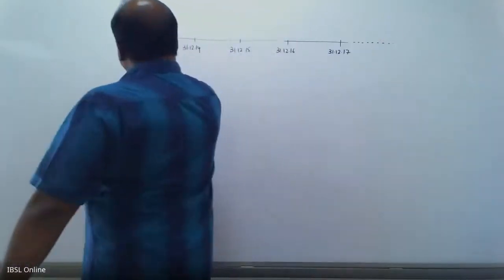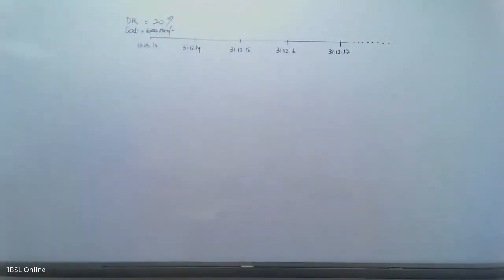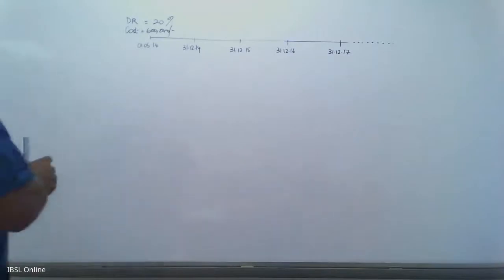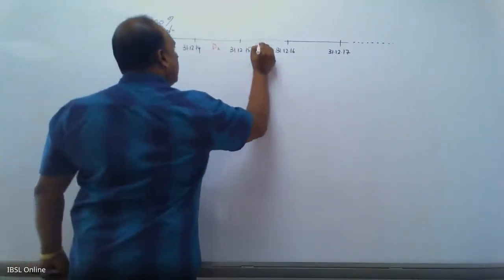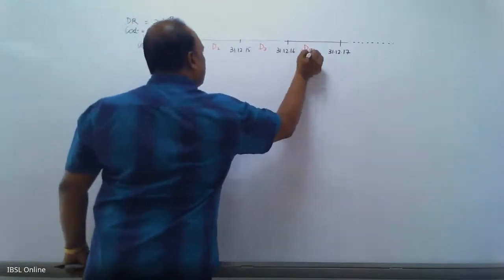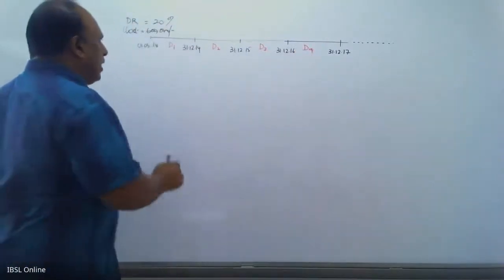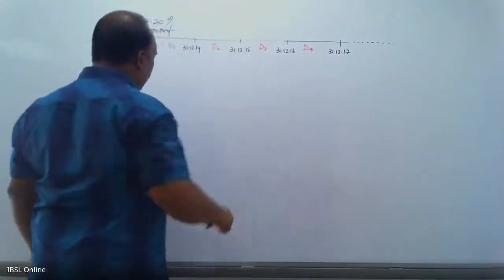If you look at the 20% concept, 5 years means it will have to end in 2019 April. So we are not bothered about that because our concern is up to 31st December 2017. And let us name these D1, D2, D3, D4.